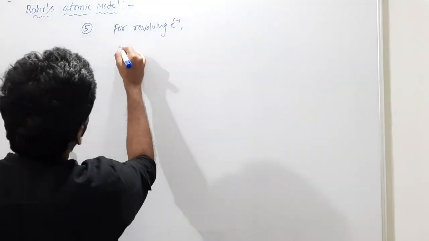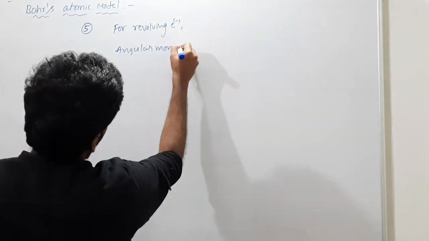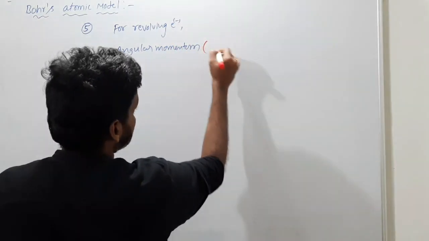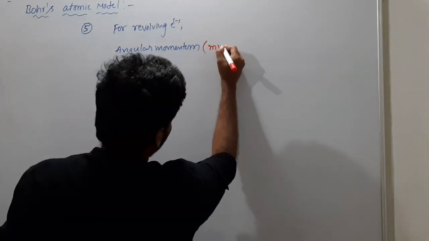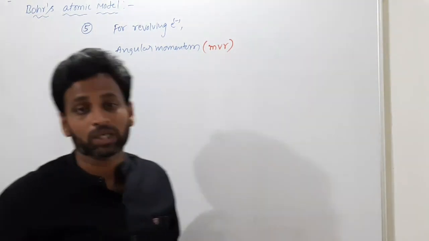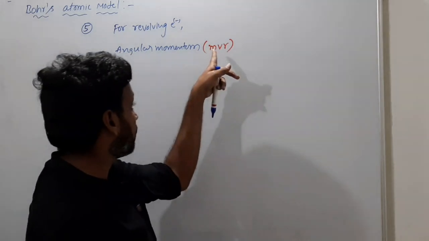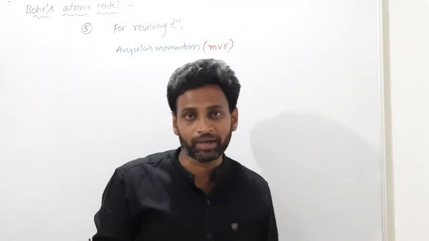Momentum means mass into velocity. Angular momentum for a particular revolving electron we call MVR. What is angular momentum? Mass into velocity into radius. That is called angular momentum.